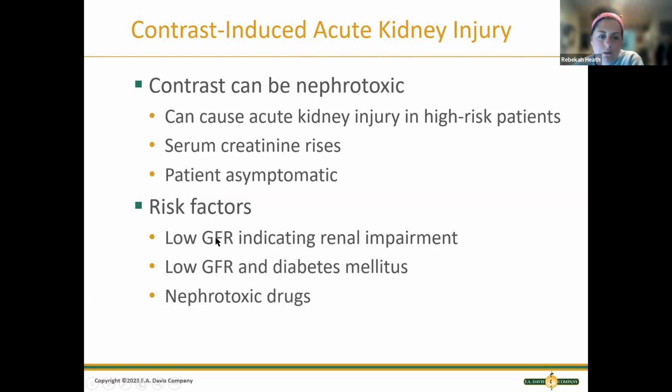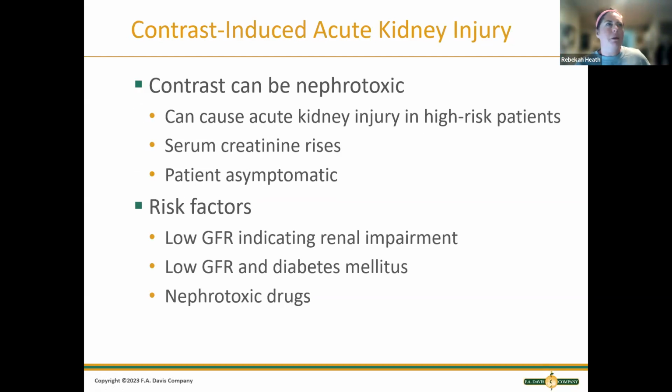Risk factors: somebody who has a lower GFR, especially if they have diabetes, and they also have nephrotoxic medications on board as well, right? Because it's kind of like adding insult to injury. They already have these medicines that can harm the kidneys, and all of a sudden we just give them this contrast that can also harm the kidneys, ends up overwhelming them, causing some injury.